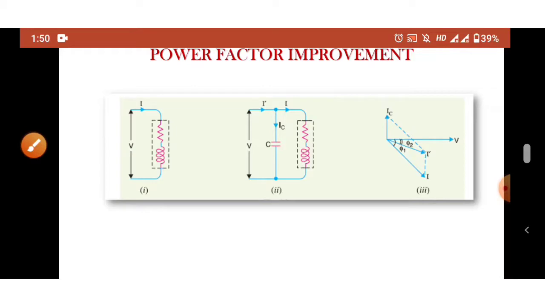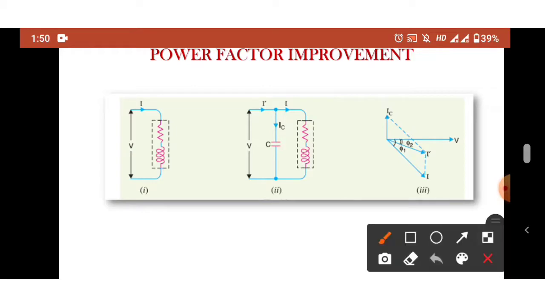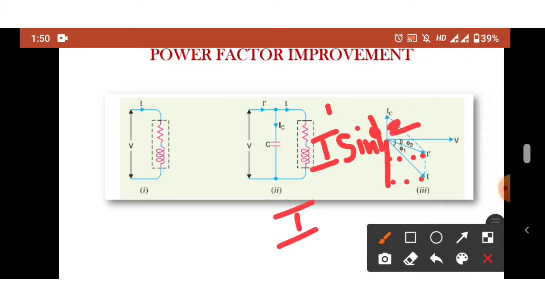Next, let us resolve I dash and I 90 degrees out of phase with V. So, this will be the point I dash sine phi 2, and this will be the point I sine phi 1.